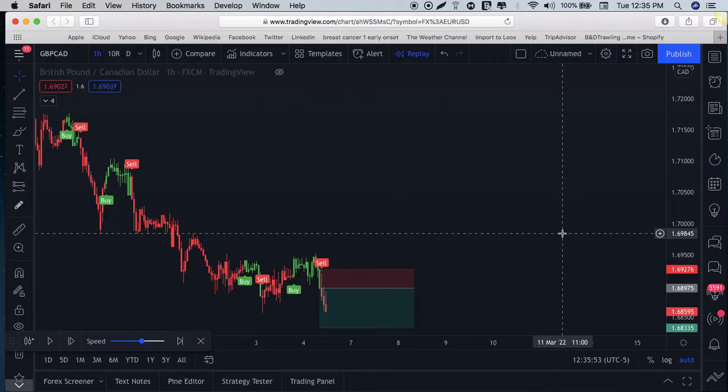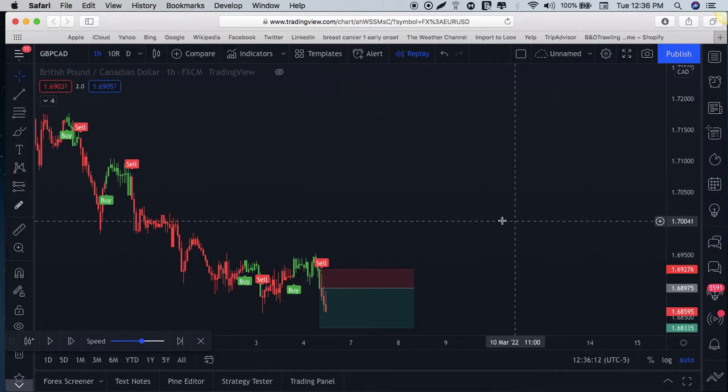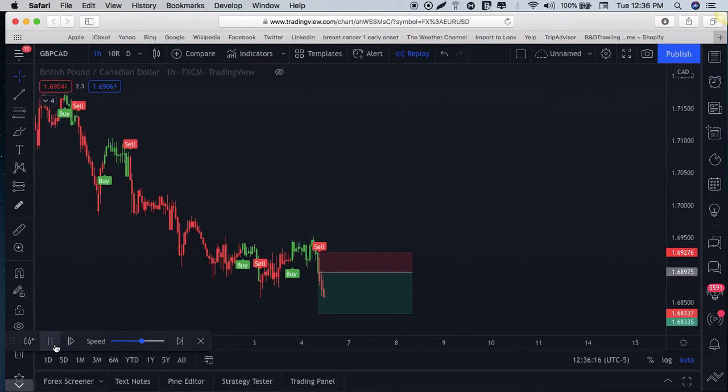What's more important is your risk to reward ratio. So, for example, if I'm risking $10 to make $20, that means if I only win 50% of the time, I will still be profitable. Okay? All right, so let me just hit this so you can keep playing.